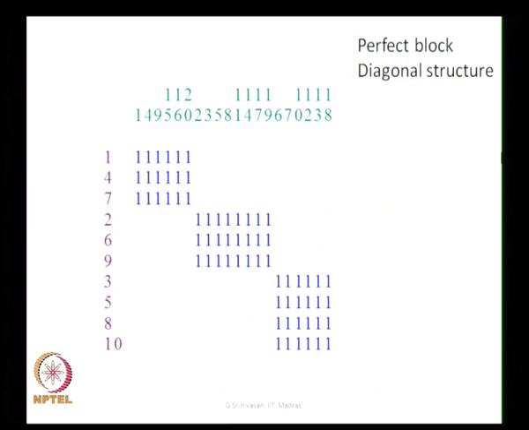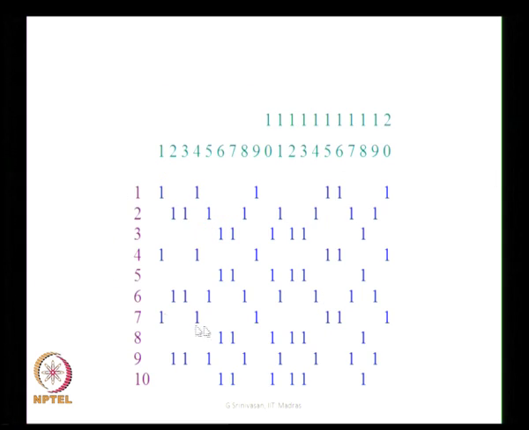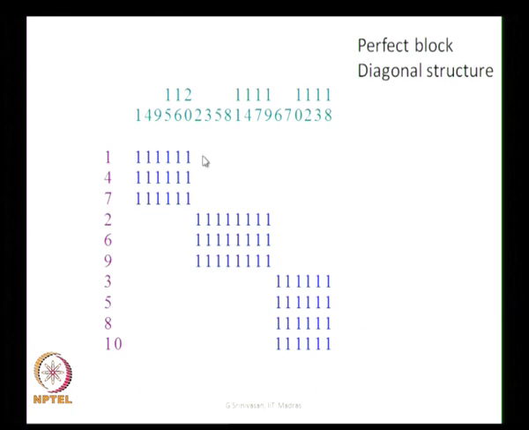That is why they are together here. 2, 6 and 9 are identical. So, if you keep 1 and 4 next to each other, you realize that those two strings are perfectly identical. 1 and 7 are identical, 4 and 7 are identical, and so on. Now, we can say that 1 and 4 are also similar. They are the same, they are similar.